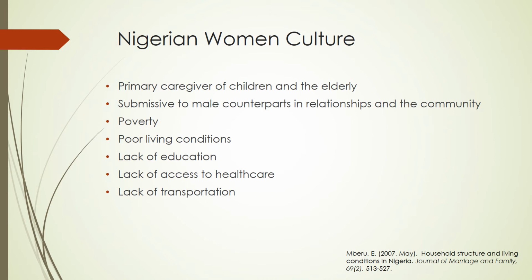There is a lack of education in Nigeria as a whole, but women are subject to suffer a lack of education the most. Lack of education decreases opportunities to better oneself. Women often must tend to home life and their families, and education does not fit into this structure. Overall, there is a lack of access to healthcare, including nurses, doctors, clinics, and hospitals that are fully staffed and equipped.